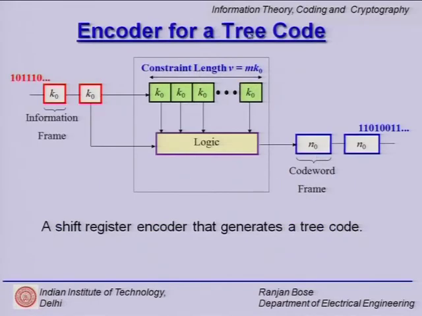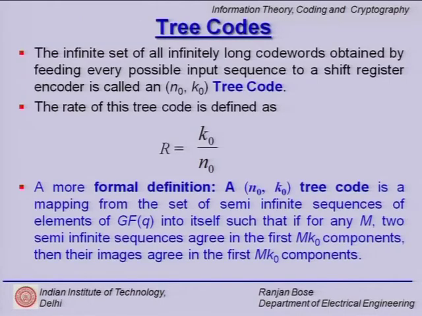So, this structure generates, for every k naught symbols or bits coming in, n naught code word symbols. This infinitely long code word, because the input is infinite, so the output is infinite, it keeps going, is called an n naught comma k naught tree code. It is to distinguish from an n comma k block code.